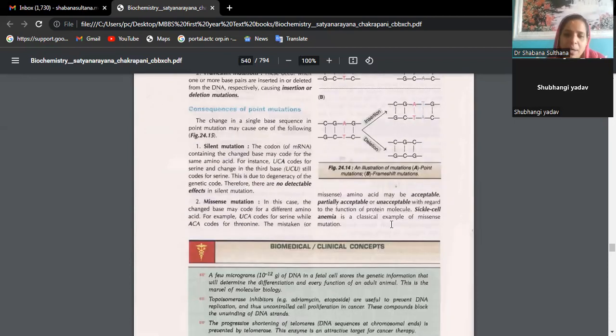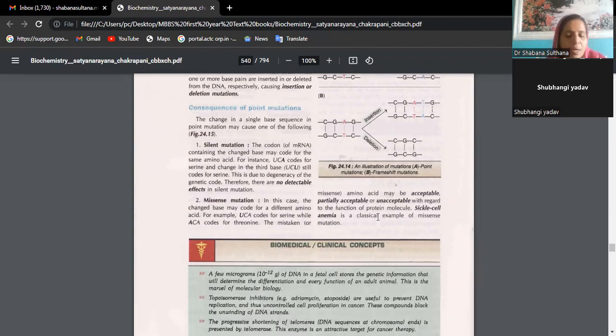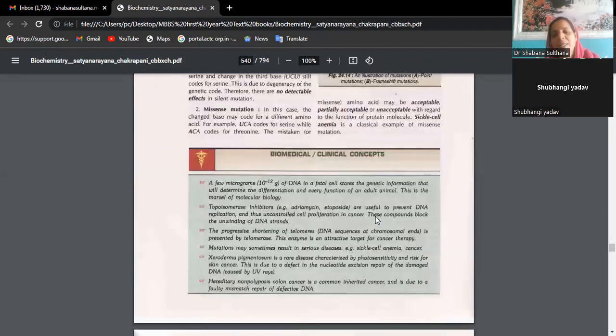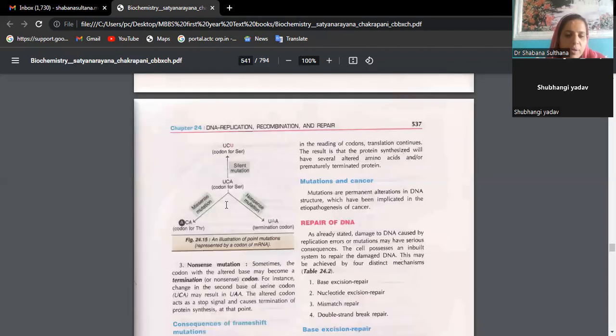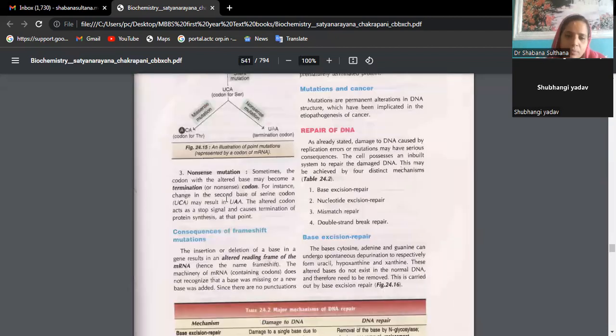Like in sickle cell anemia, only one amino acid is replaced: glutamate is replaced with valine. Such a small change causes a change in the shape of the RBC. Instead of a biconcave disc, it becomes sickle shaped, which is very harmful.